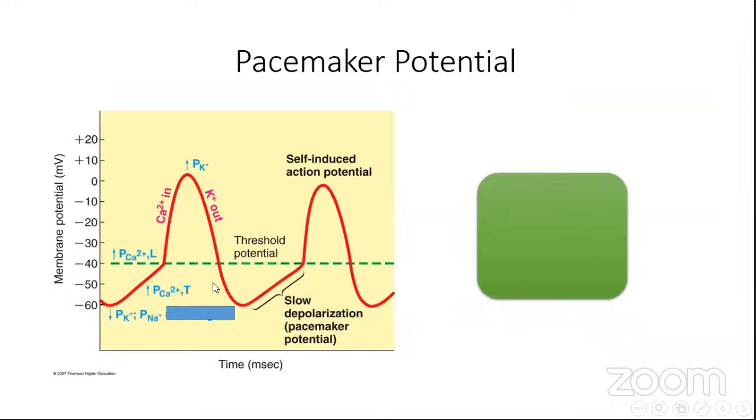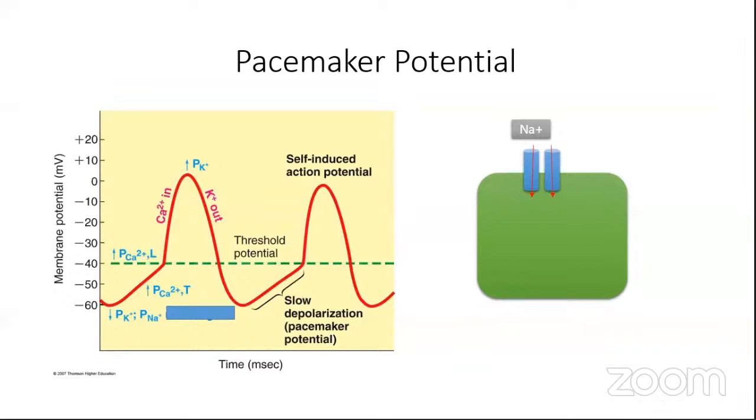Instead, it undergoes slow depolarization. This gradual depolarization is known as the pacemaker potential. These cells have funny sodium channels that are very leaky. So a little bit of sodium gets into the cell very slowly and moves the resting membrane potential, which is at -60, slowly towards around -55.